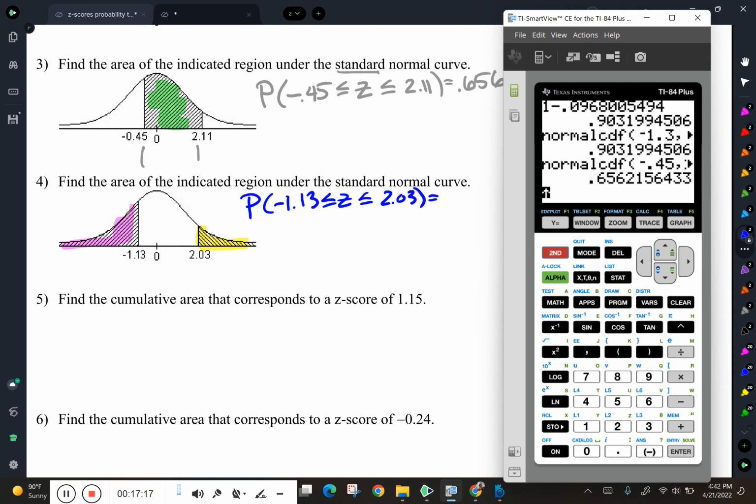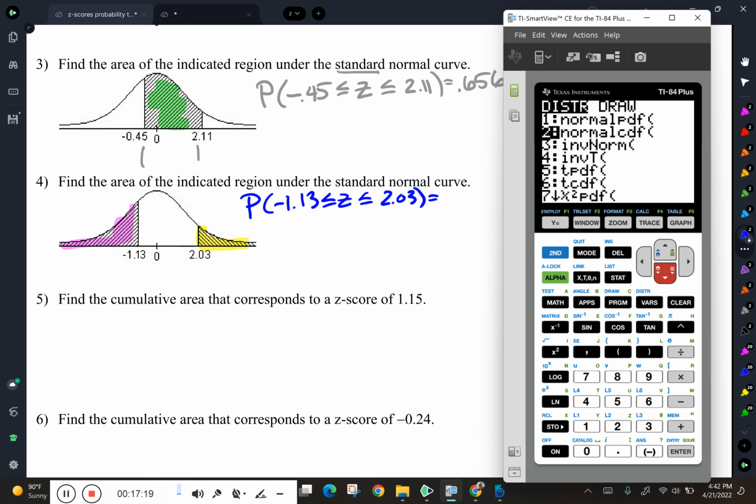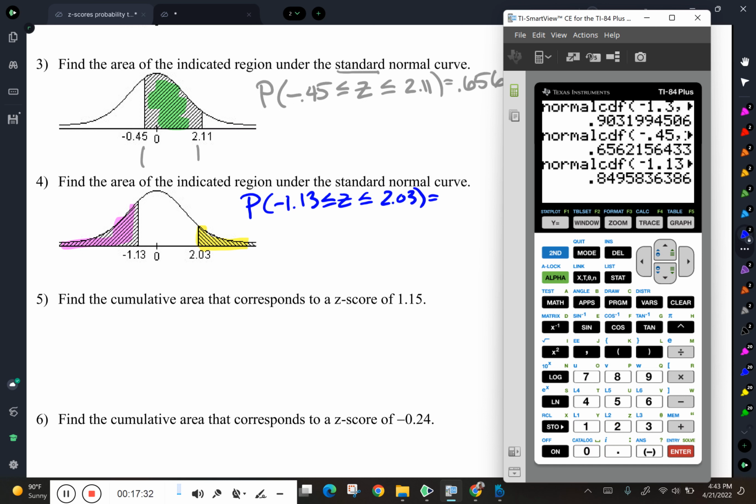So I'm going to go to my distributions. I'm doing that normal CDF. My lower limit is negative 1.13. My upper limit is 2.03. My mean is 0. Standard deviation is 1 because it's a standard normal curve. And I find that that middle piece is 85%, round wherever they tell me to round it. So how about 0.8496?